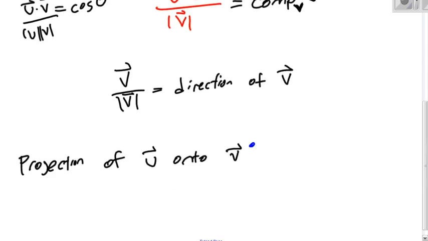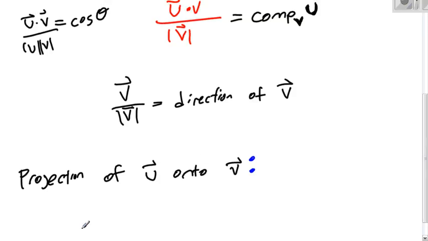So to get that, you're taking the length from the component, so you're taking u dot v divided by the length of v. And then you want the direction of v, so you have to multiply it by vector v divided by its length. So you get the unit vector, and that's the projection of u onto v. You can simplify that a little bit and make this be the length squared.